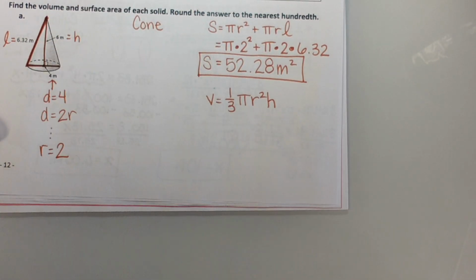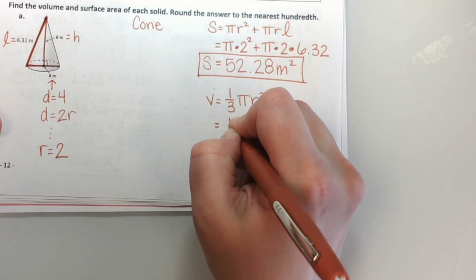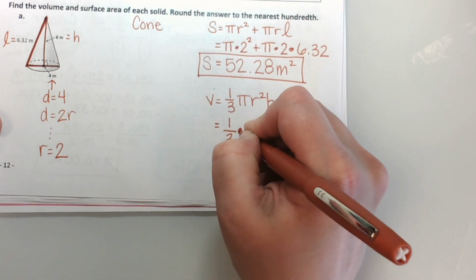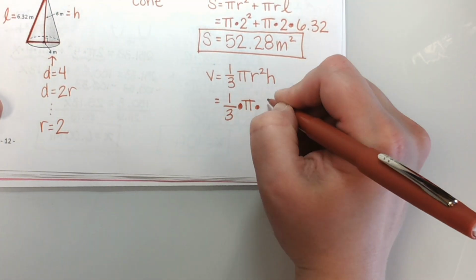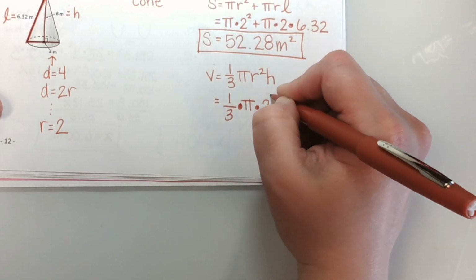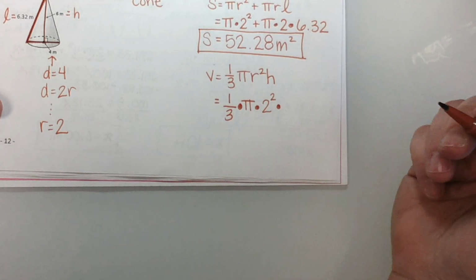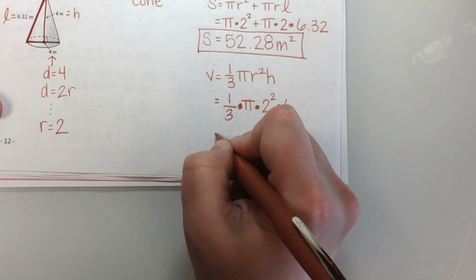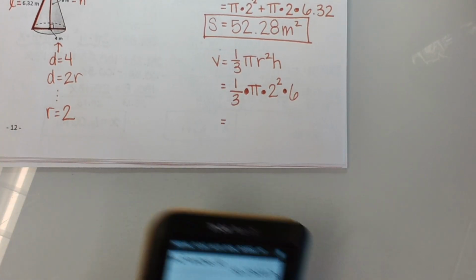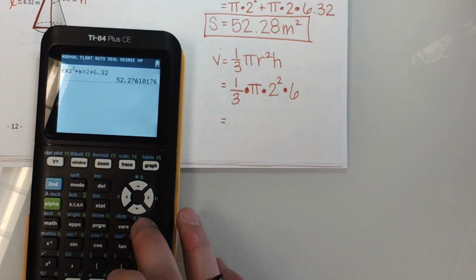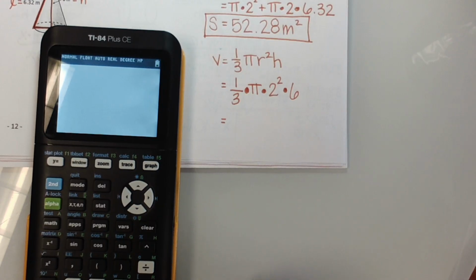Volume, also not quite as pretty of a formula as yesterday's, but it's not a bad one either, as long as you're plugging the right things in. How do I put 1/3 into a calculator? 1 divided by 3.